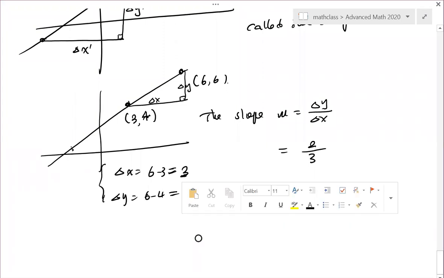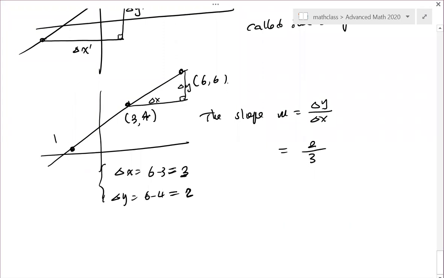And I have another arbitrary point. Let's call it P, with coordinates x and y. If this is a point on this line, you can use that point to calculate the slope.